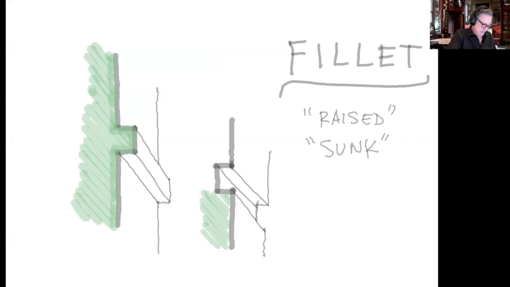In this case, the fillet is depressed into the surface, so we call it a sunk fillet. Give you a moment to catch up with me. Okay.